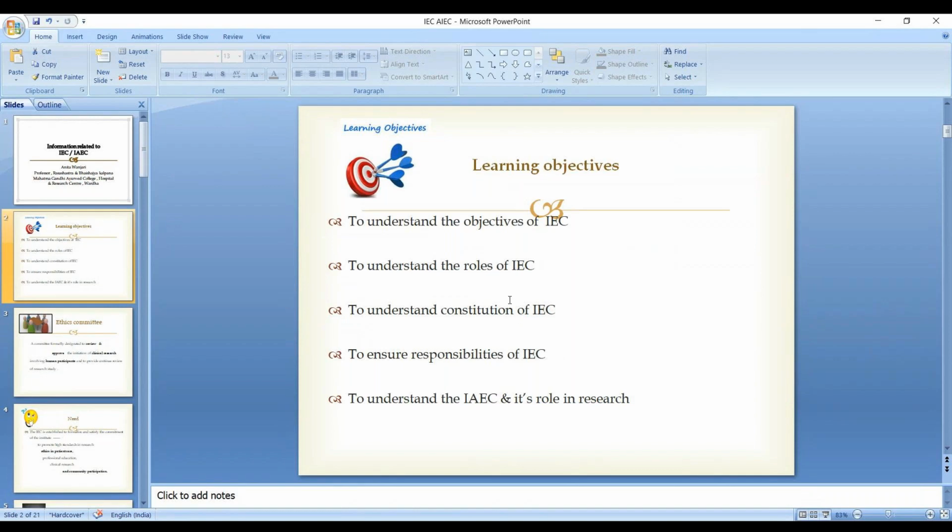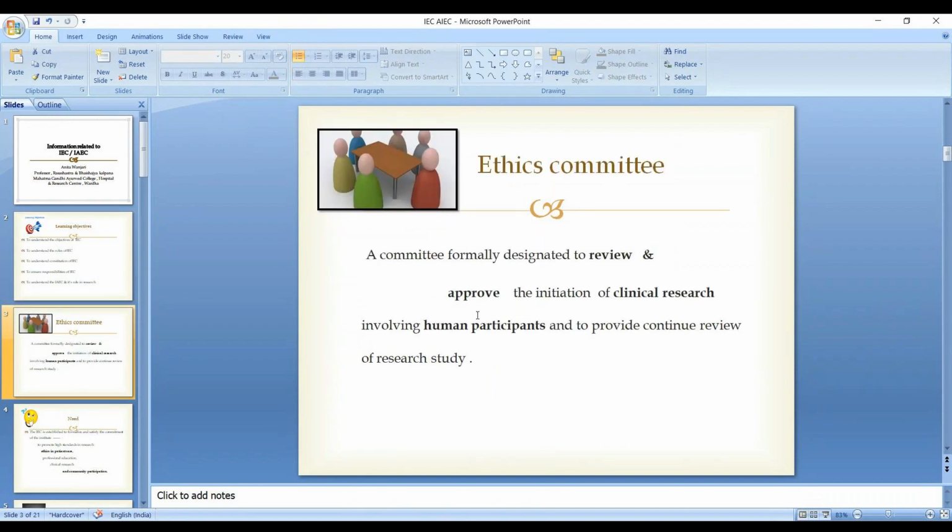Now the learning objectives are there. Hello. Yes, the learning objectives we have seen, and the ethics committee we have seen. Are my slides moving? Yes ma'am, they are moving.